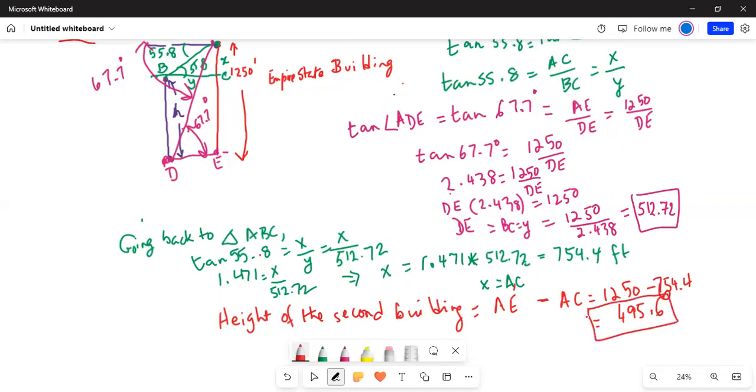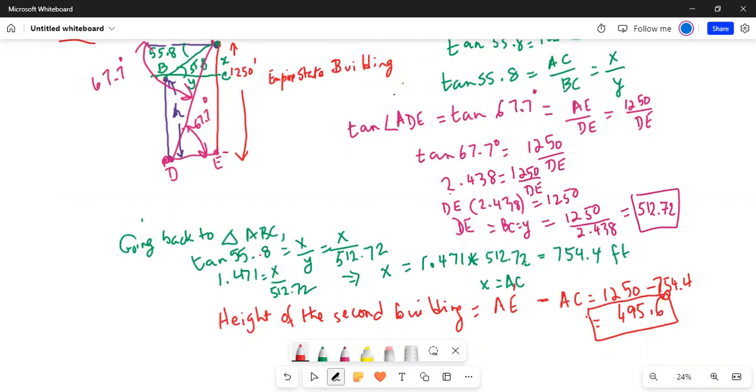So what did we do? We used the definition of angle of depression. Angle of depression is the angle made by the horizontal line drawn from the point of view to the ground, for example, or to the top of the second building. To the top of the second building, the angle of depression is 55.8.